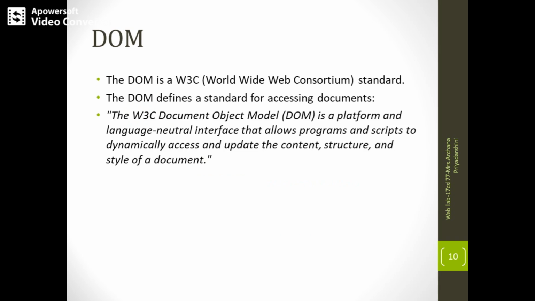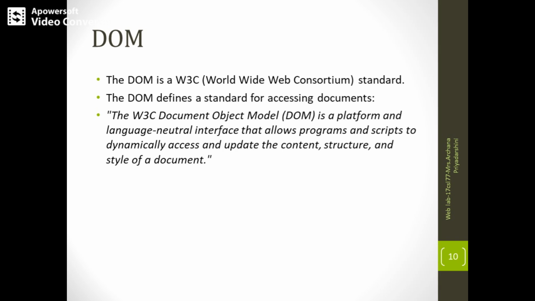In this slide, we'll see what the DOM, or Document Object Model, is. The Document Object Model is an API, or application programming interface, that defines an interface between the HTML documents that we write and the application programs.